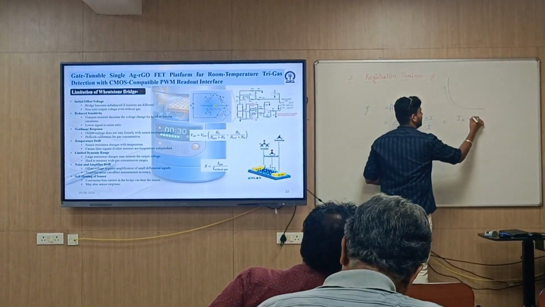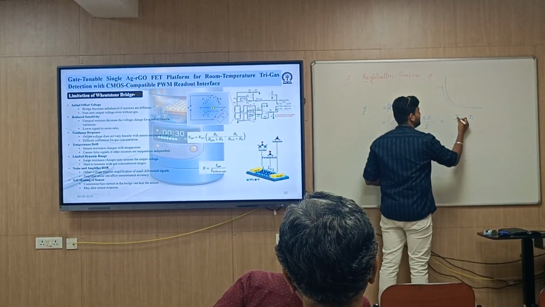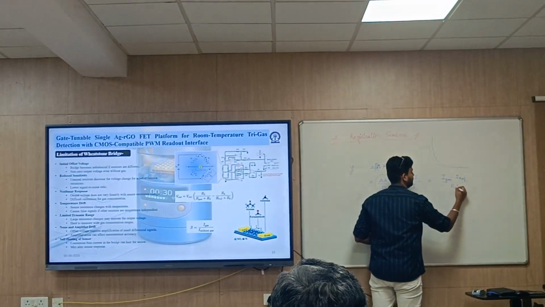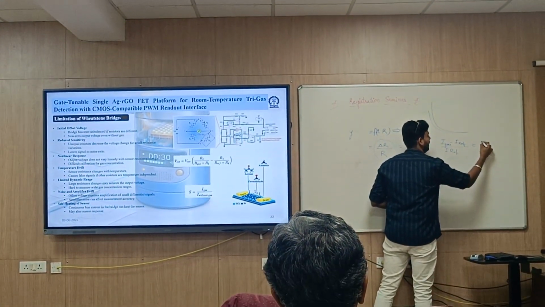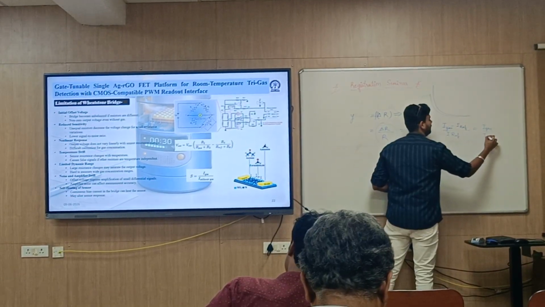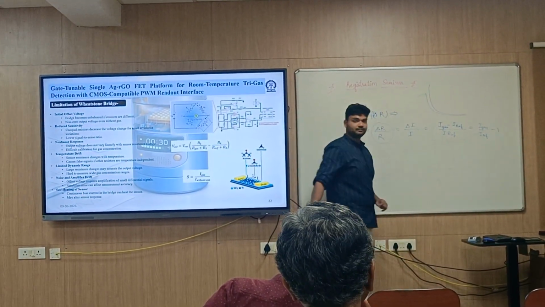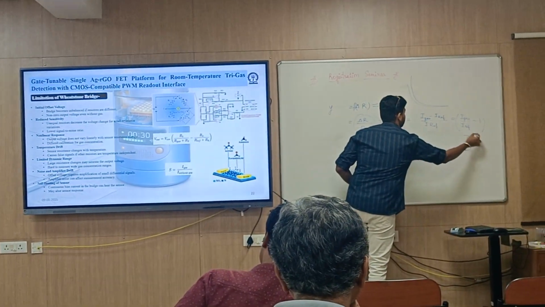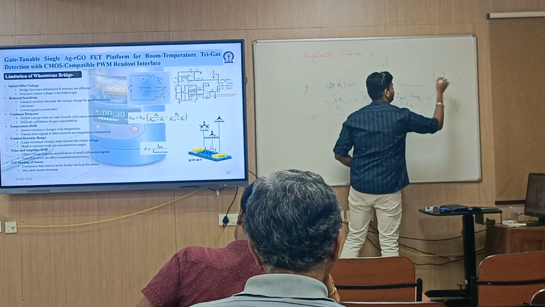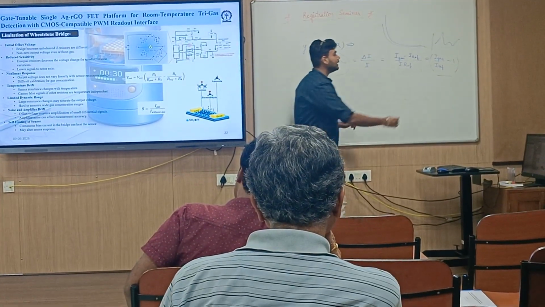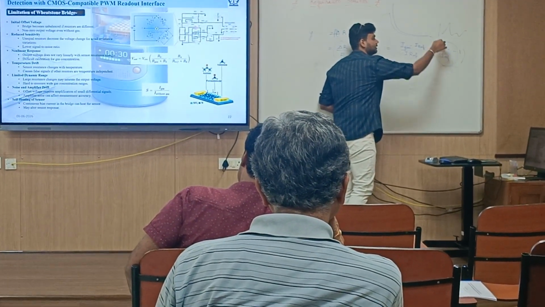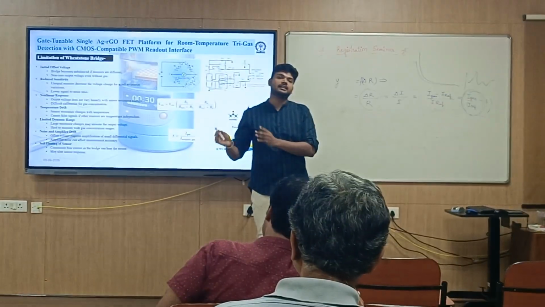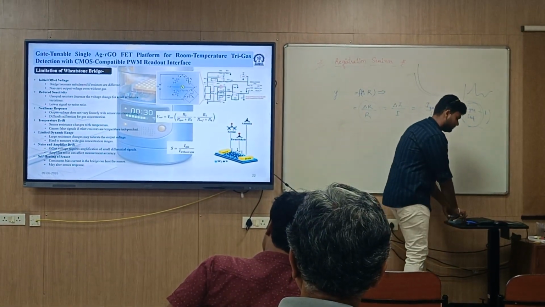This is I2 minus I1, meaning I gas minus I ref, divided by I ref, which is equal to I gas by I ref minus 1. So this is giving me a peak or dip. If I can implement that function through the circuit, I can get the information.